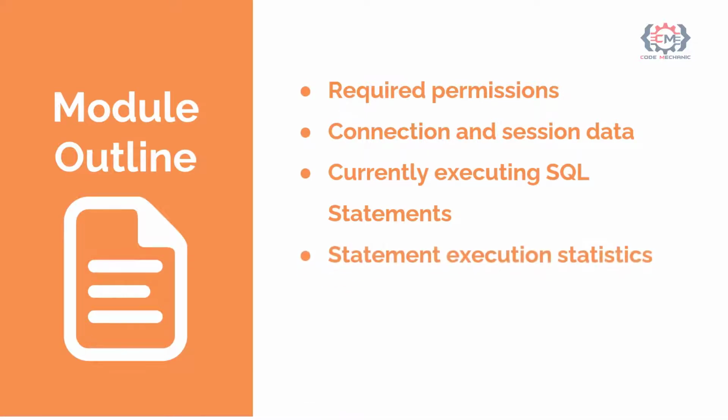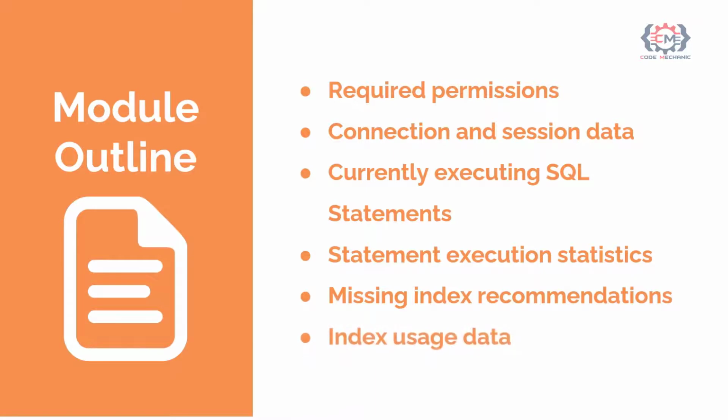Then we will talk about how to find the most expensive statements that are running against our database. Next, we will talk about how we can query SQL Server to see if it has any recommendations about indexes that might be missing in our database that we need to create. And finally, we will discuss how we can find if our current indexes are being used and how often.